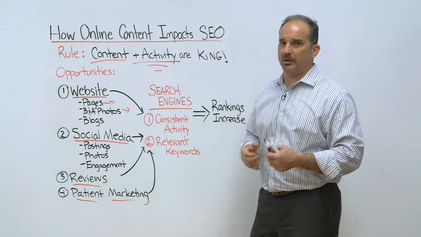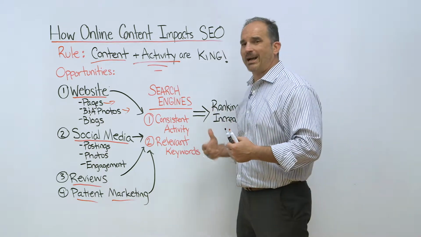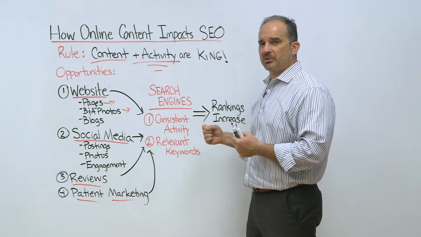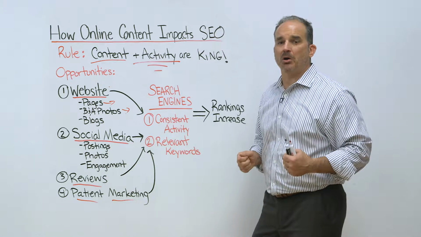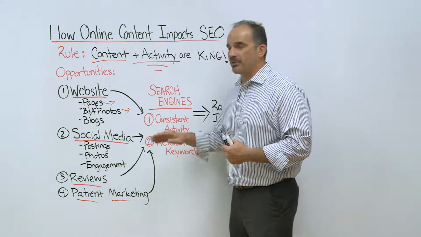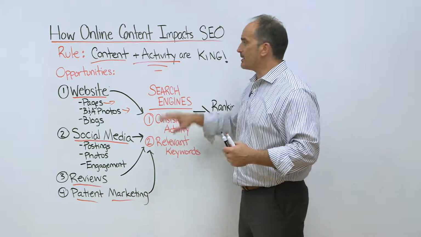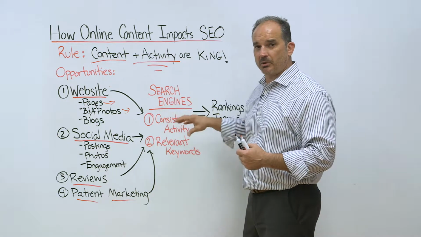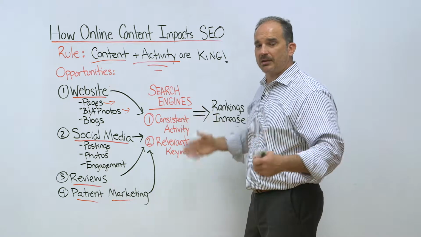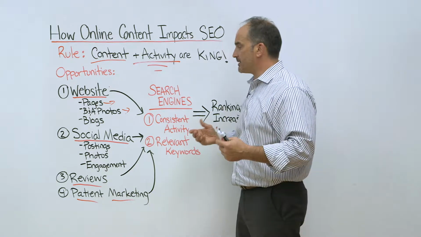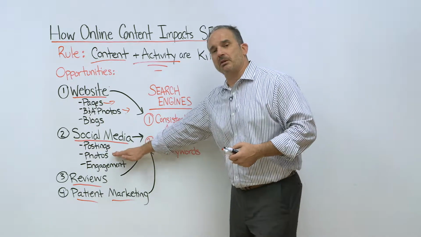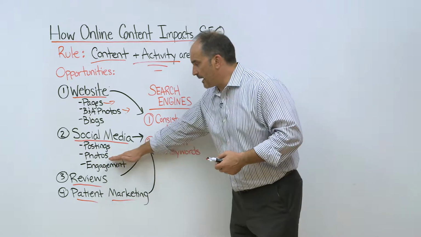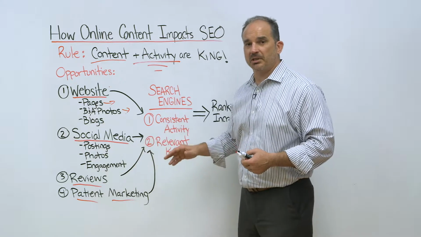Social media is now a huge opportunity to create more content that will ultimately be associated back with your website, okay? Postings, okay? Every time you post in social media, you have the opportunity to create content around the procedures that are important to your business. If you're an orthodontist, you're going to be creating posts around braces. You're going to be creating posts around Invisalign. So you want to use those keywords in those postings. You have the opportunity with photos on your social media postings.